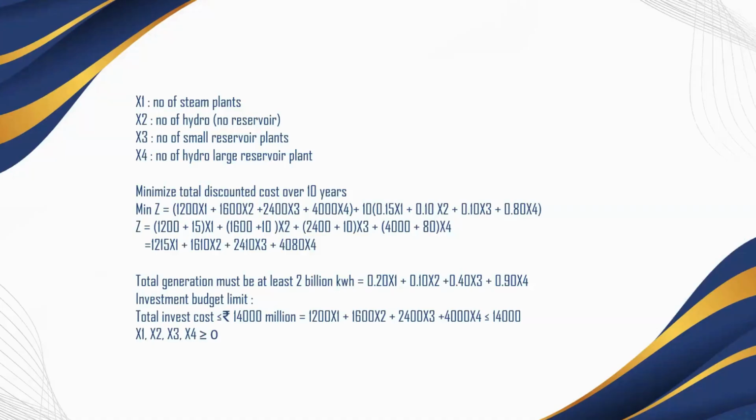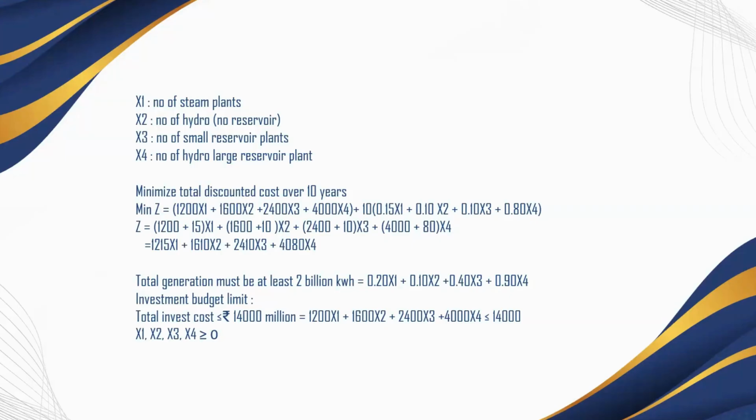For that, we will use X1 to X4, where X1 is the number of steam plants, X2 is the number of hydro plants, X3 is the number of small solar plants, and X4 is the number of hydro solar plants.